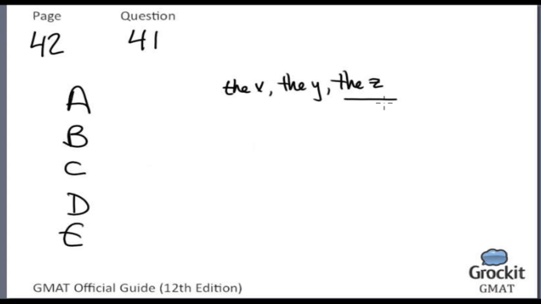So choice A has their development rather than the development. Can't use choice A. Choice B has the development, but then it has using at the end. So we need the use, not using. Can't be choice B. Choice C, we have their development and using, so that's doubly wrong.